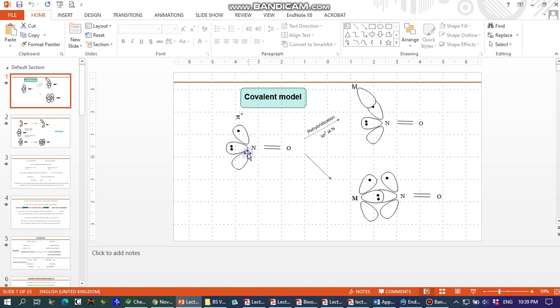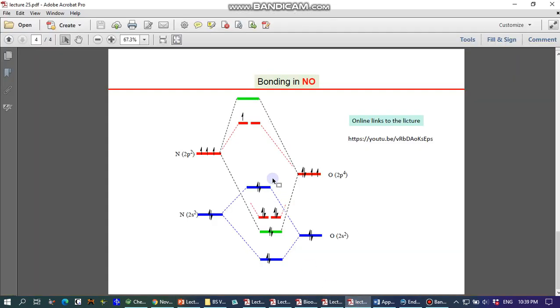This is the orbital of nitrogen, and if you go a little bit back to the diagram, on the basis of these electrons, we have to explain the reactivity of the nitrosyl molecule. Normally, in a molecule, those electrons which have higher energy are sensitive toward reactivity, and electrons with higher energy will be involved first during a chemical reaction.